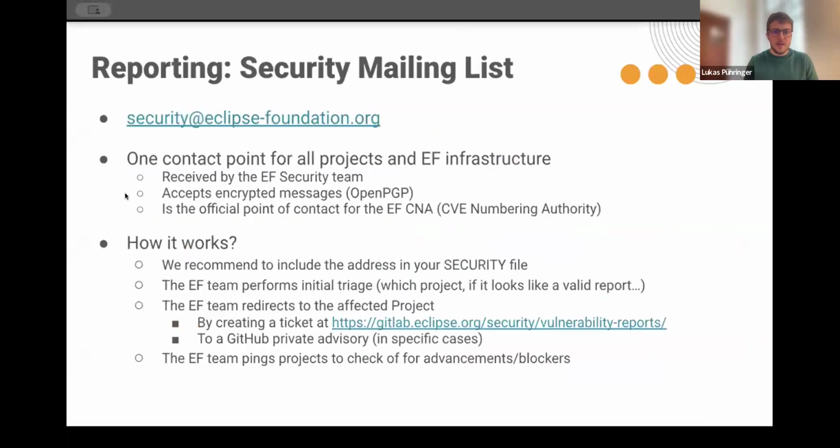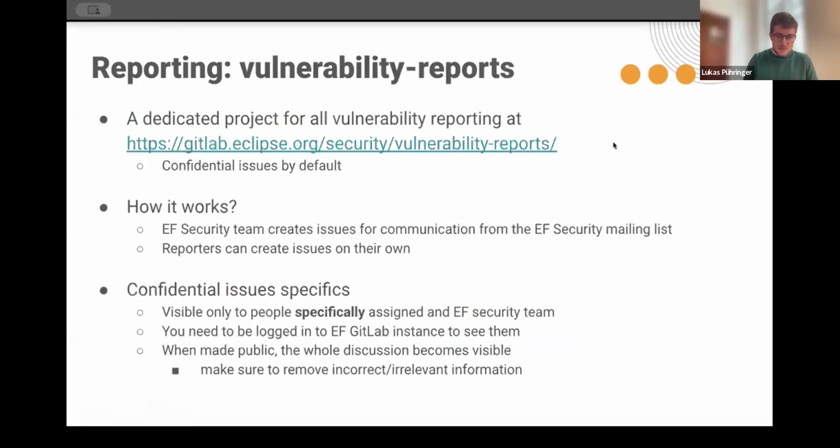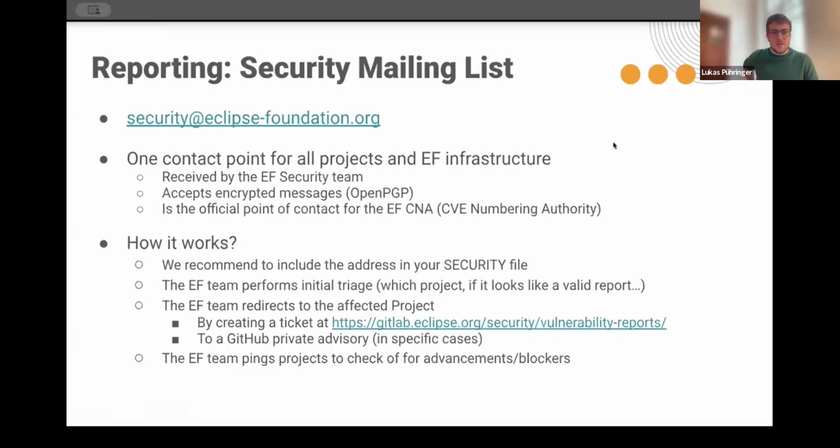First one, security mailing lists. Give me a second. So the address is security@eclipsefoundation.org. It's one contact point for all projects under the Eclipse Foundation, that are the open source projects that we steward, but also infrastructure and internal projects and so on.